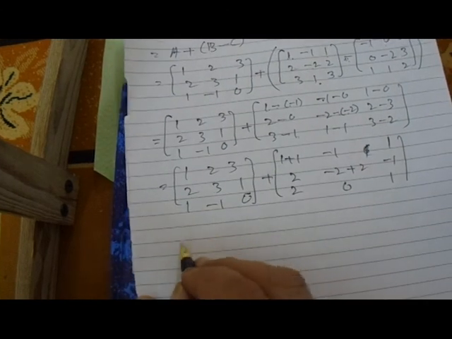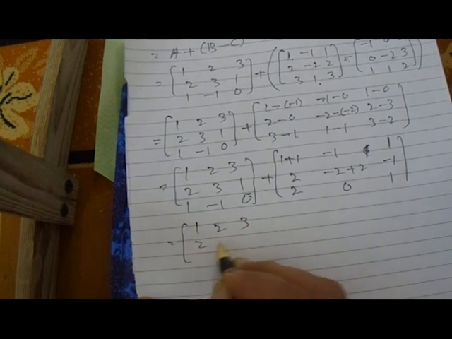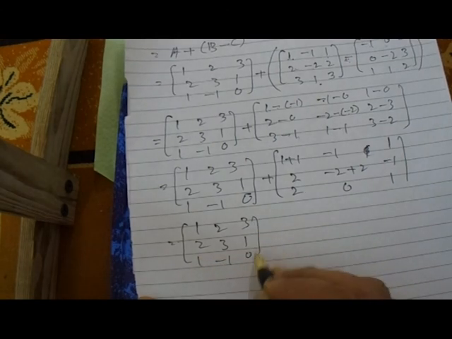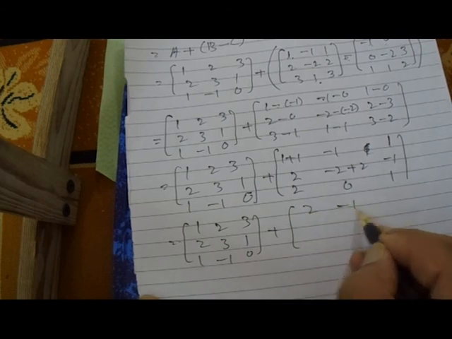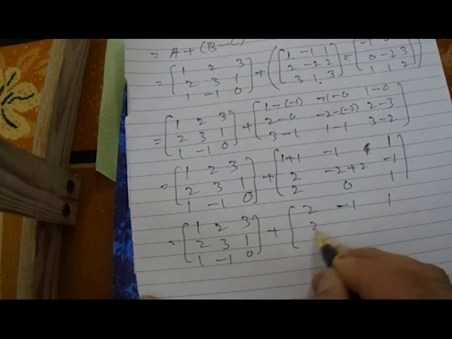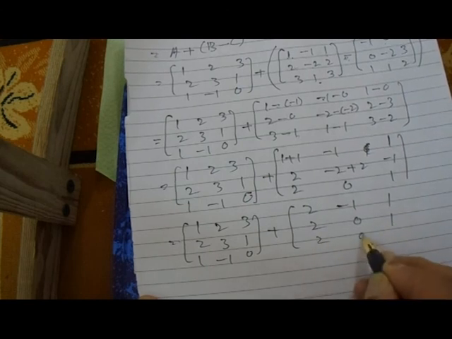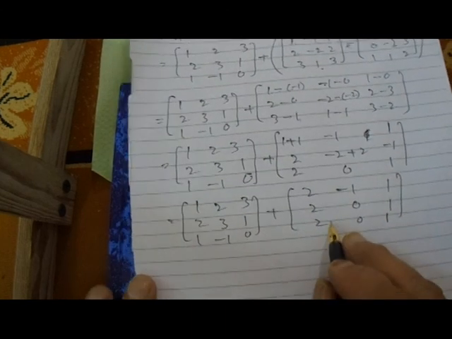Now we add again, this is 1 2 3 2 3 1 and 1 minus 1 0 plus 2 minus 1 1 2 0 1 2 0 1. We solve this.